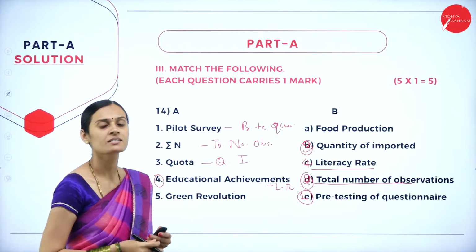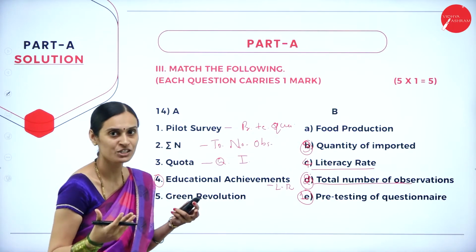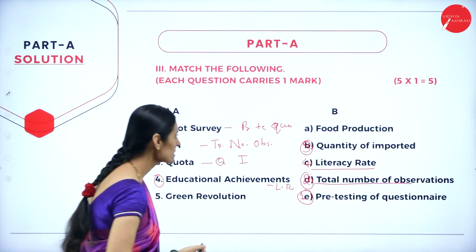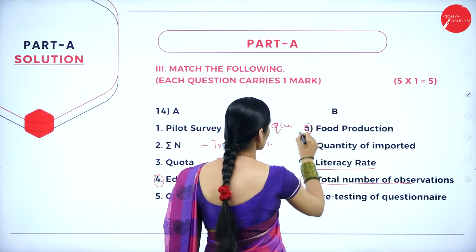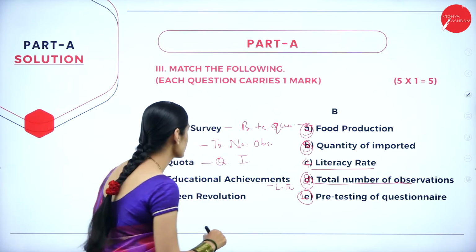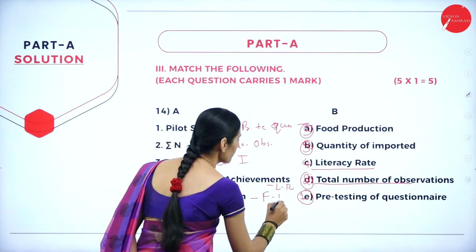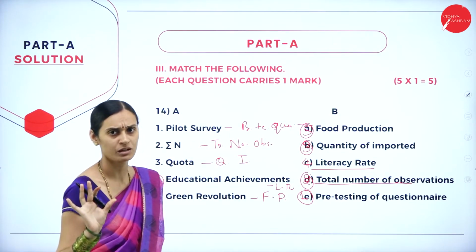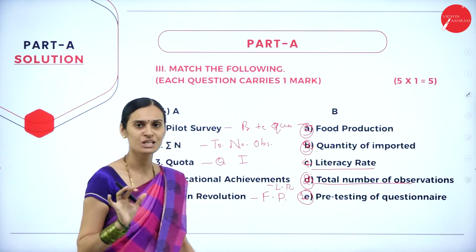That is a remarkable increase in food production. The government introduced this particular policy. That is the 5th answer, food production. It is very easy to get 5 marks from this part.